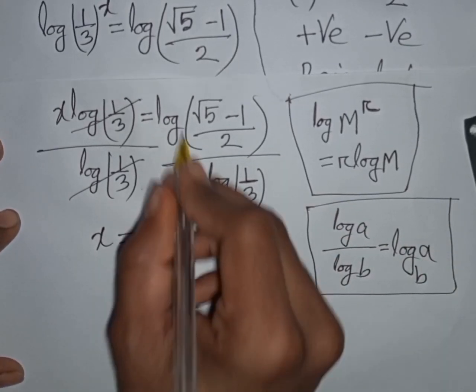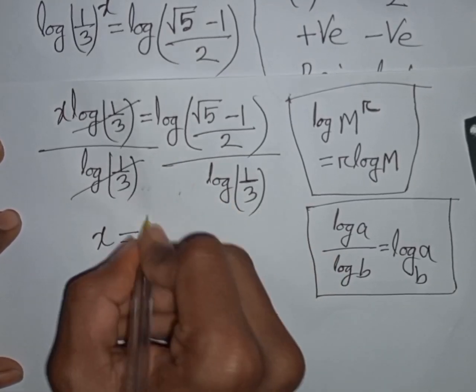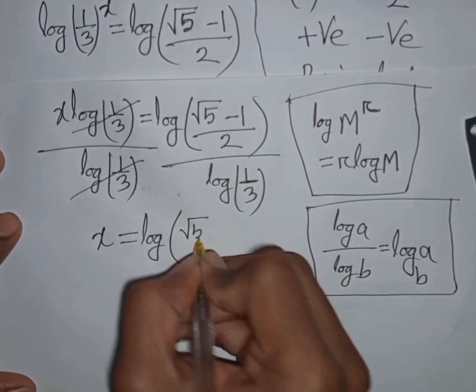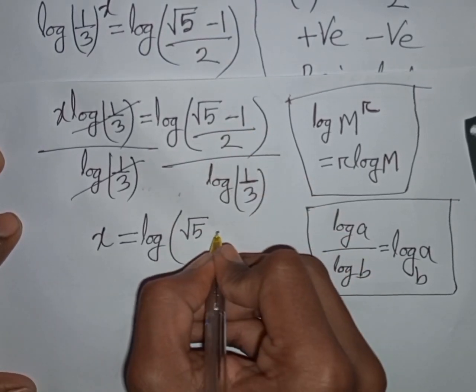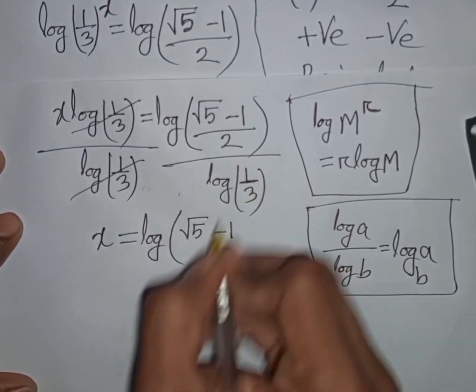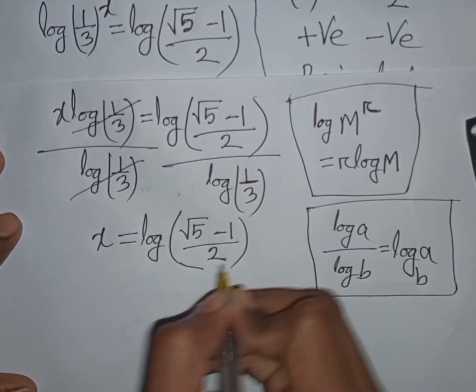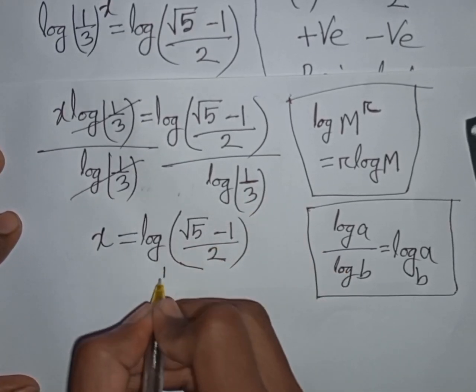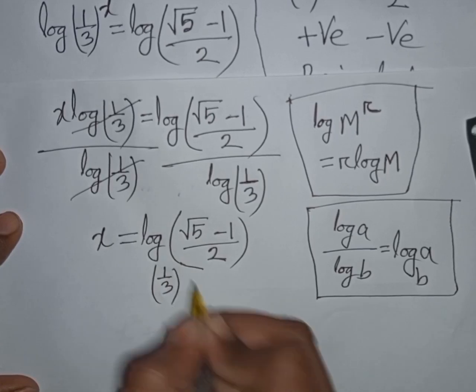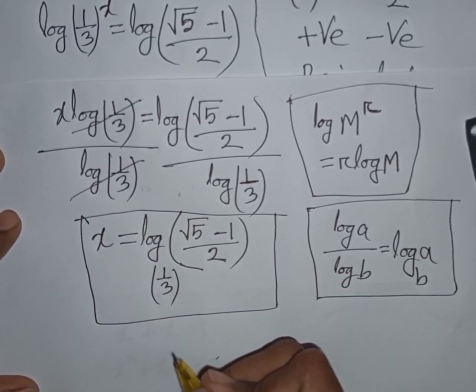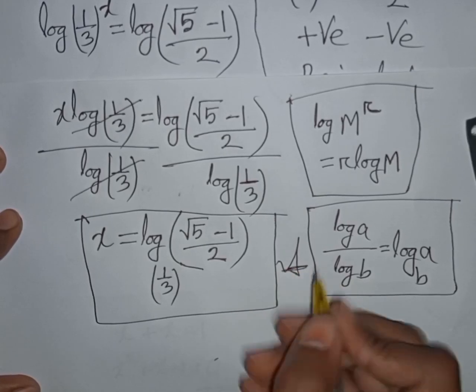So according to this formula, it will be log of square root of 5 minus 1 over 2, base of 1 by 3. So this is the value of x. So this is our final answer.